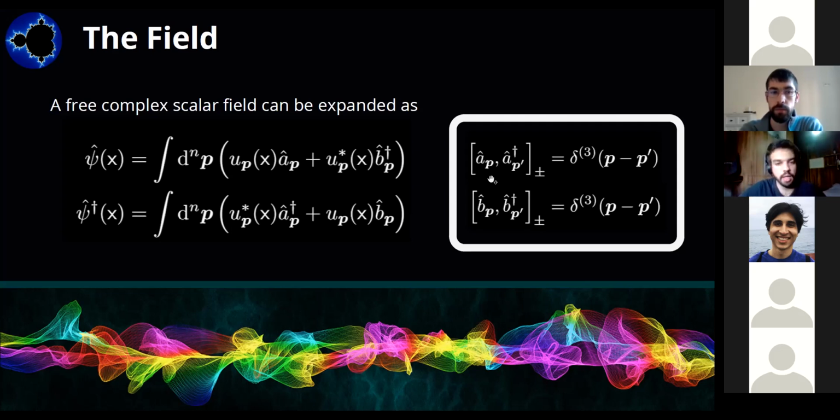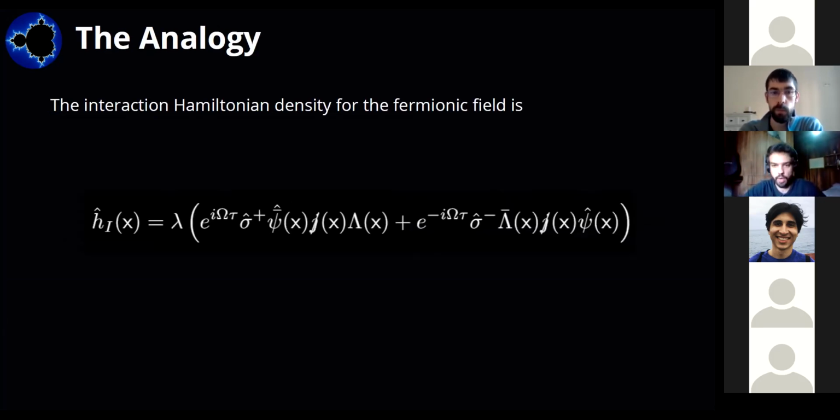Okay. But well, this is the decomposition of the fields. And then we only need to find a way of reducing this interaction Hamiltonian density that we had for a spinor field to a complex scalar. So let's see what we have to change. First of all, the units of the coupling constant would have to change, right? This is the interaction Hamiltonian for the fermionic one, so what do we have to change in order to adapt it to a complex scalar version? The units must change, for sure. There's no reason to change the gap or the sigma plus.